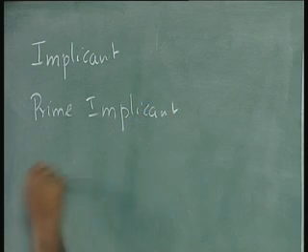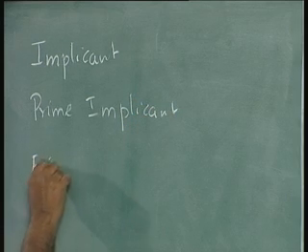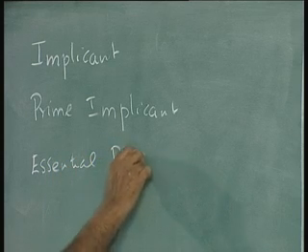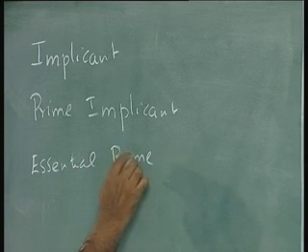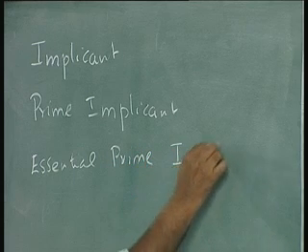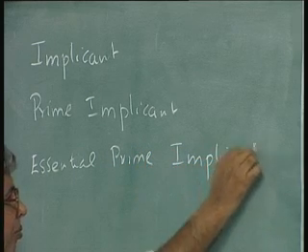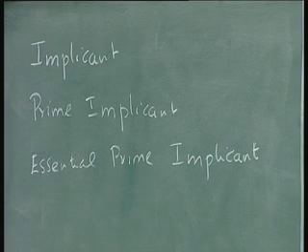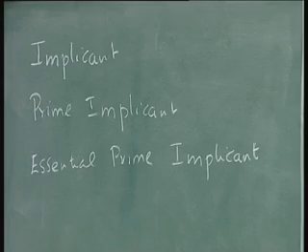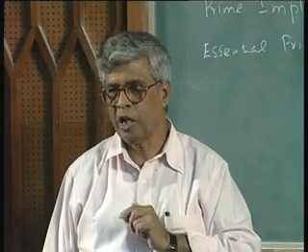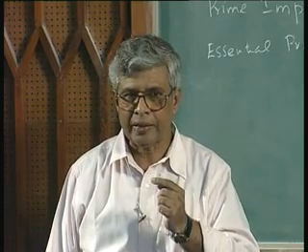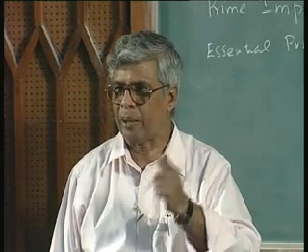In an essential prime implicant, there will be at least one cell which has not been covered in any other prime implicant. There should be at least one cell, one of assertion true value, which has not been included in any other group. Such a prime implicant is called an essential prime implicant.